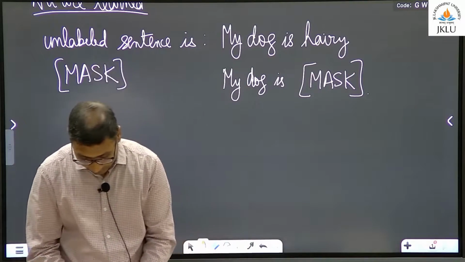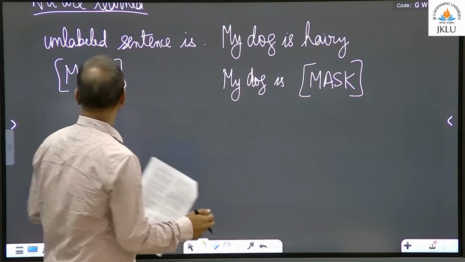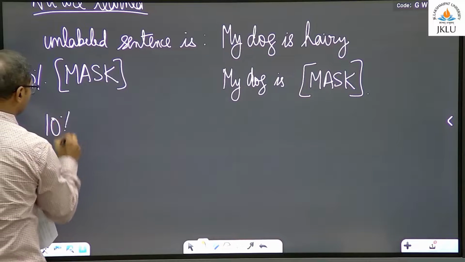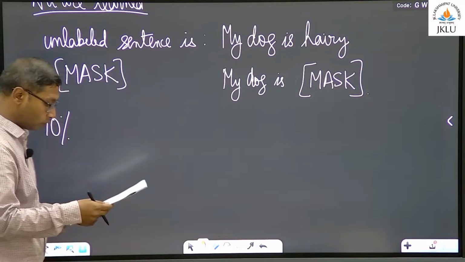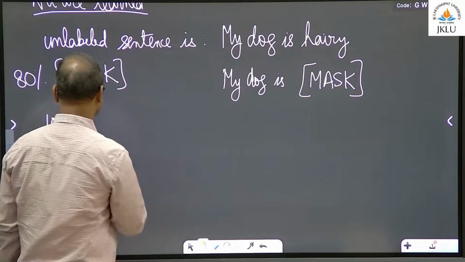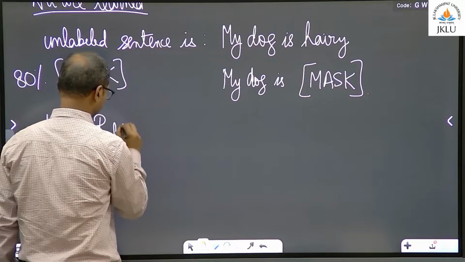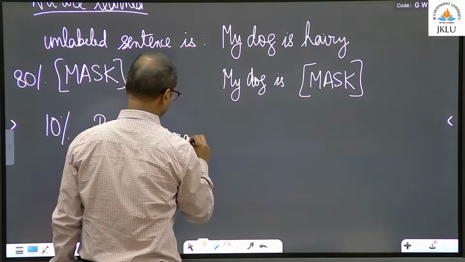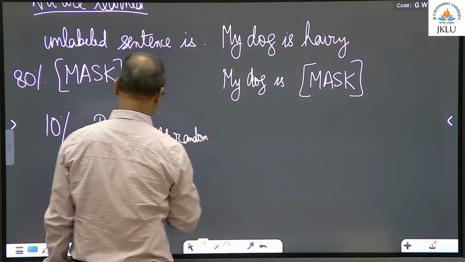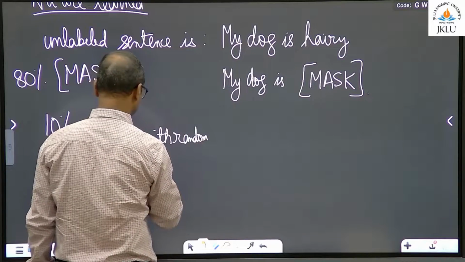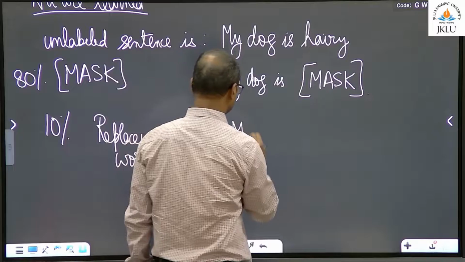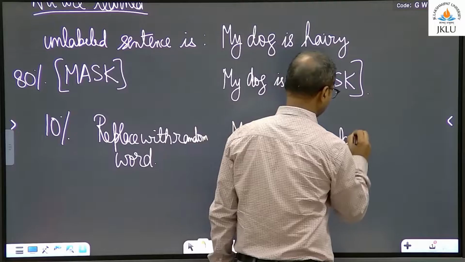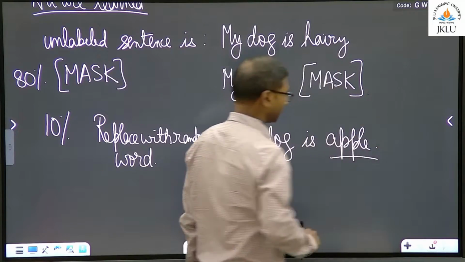What else? 10% of the time, so this is what we do 80% of the time. 10% of the times what am I supposed to do? Replace with random word. So this becomes my dog is apple, for example, okay.